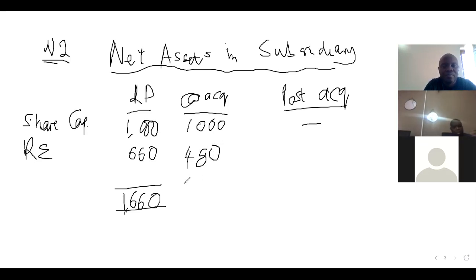Yeah, 480 at acquisition. So which gives you, at acquisition, 1,480. Whereas this side, what is the difference? Is it 180? Right? Yeah. 180. Which at post-acquisition, you had 180.